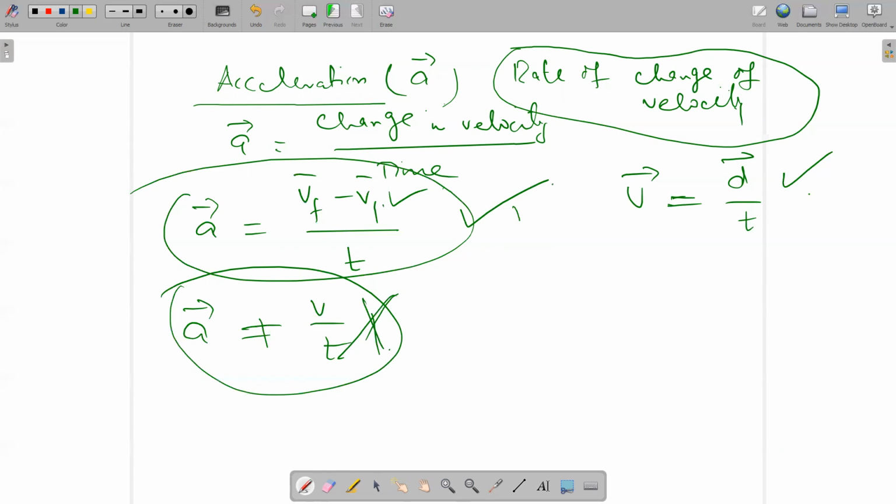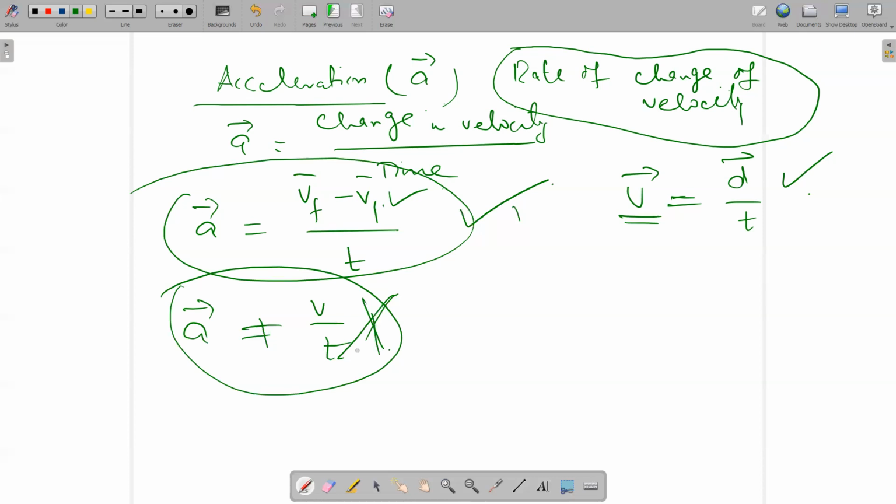So I can explain this one. If I am asking, what is the direction of the velocity in this equation? You will say the direction of the displacement. You can say the direction of the change in displacement. But if I want to ask, what is the direction of the acceleration? You cannot say that the direction of acceleration is the direction of the velocity.